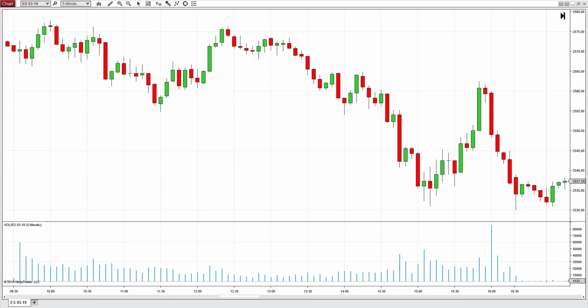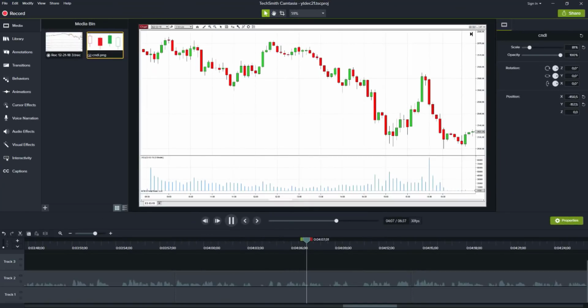I started looking at volume, and I realized something that I had not noticed before: how the trading volume would increase, how it would spike, how it would diminish depending on what happened with the price. So there was definitely a relationship between price and volume.